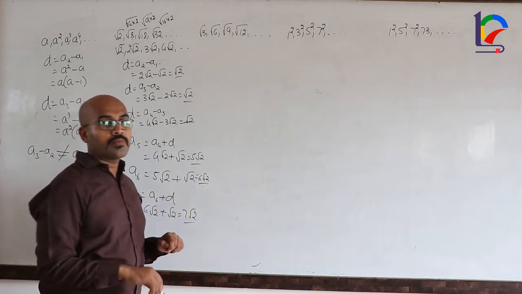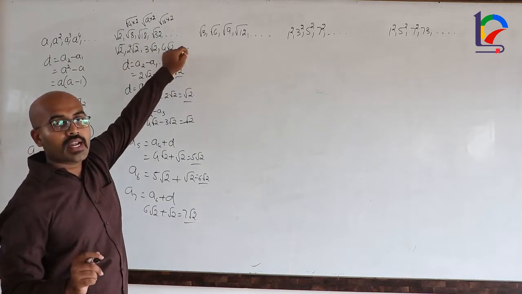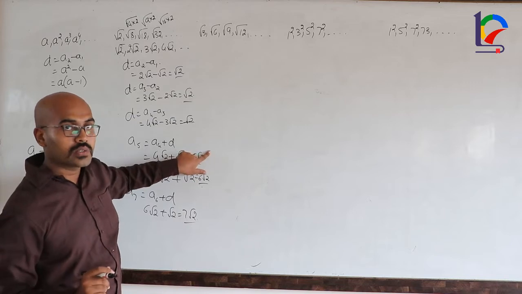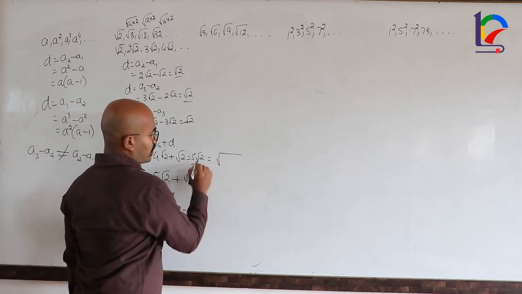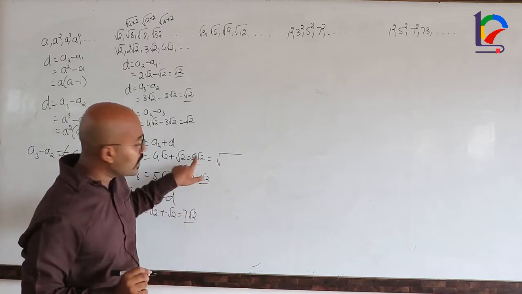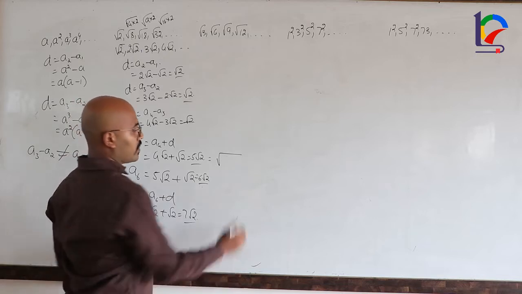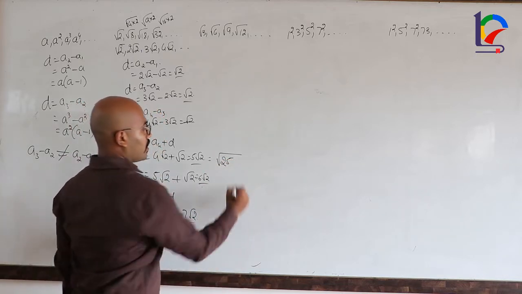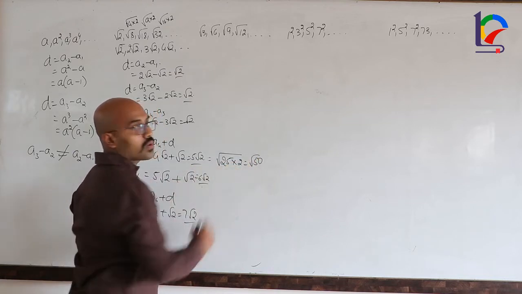If you want to write them in a similar way, what we can do is take 5 under the roots. If we take 5 inside the root, it will become 25, 2 will remain as it is, so it is root 50.